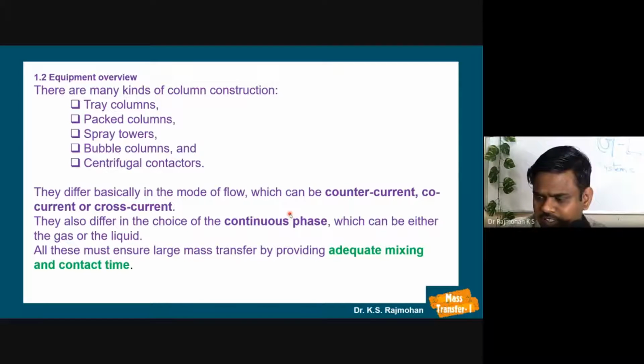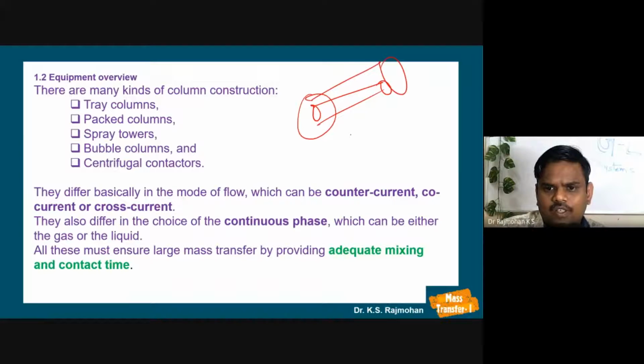I hope in heat transfer also you have seen two-fluid heat exchangers. You will have hot fluid flowing in one direction and cold fluid flowing in another direction. For example, in a counter current arrangement, you have two tubes, with hot fluid flowing in at temperature T1 and leaving at T2, and through the other tube cold fluid entering at temperature T3 and leaving at temperature T4, right?